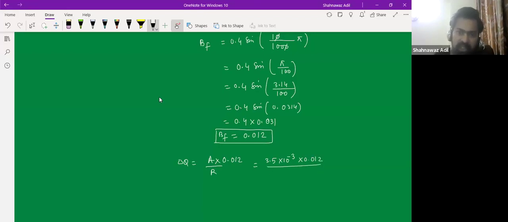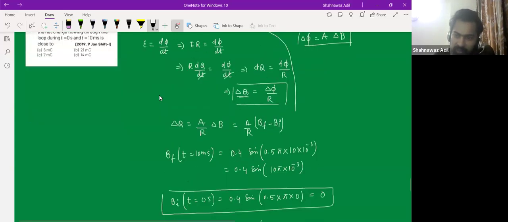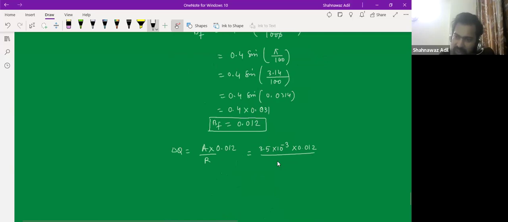How much is the resistance? That is 10 ohm. So this will become 3.5 into 3.5, so this is 0.0439 into 10 to the power minus 3 divided by 10. So this is 0.0049 into 10 to the power minus.